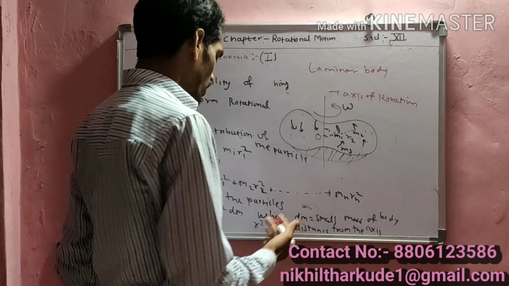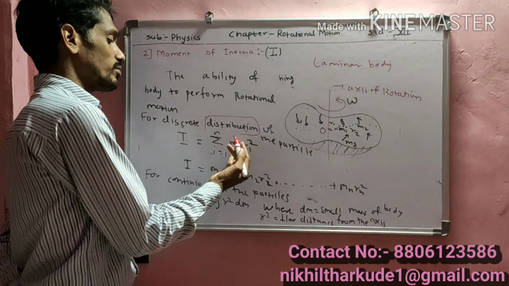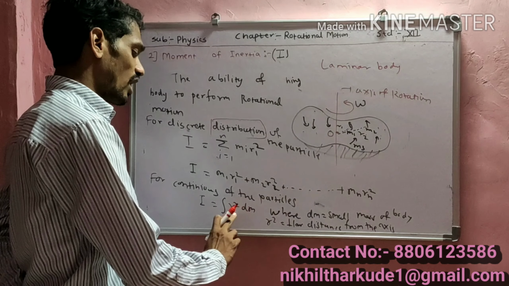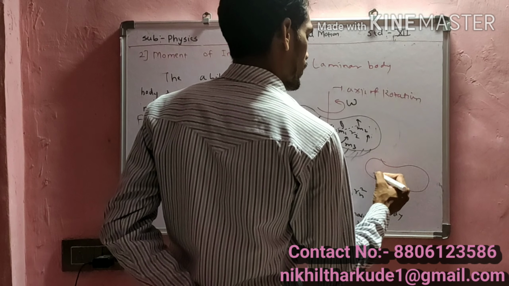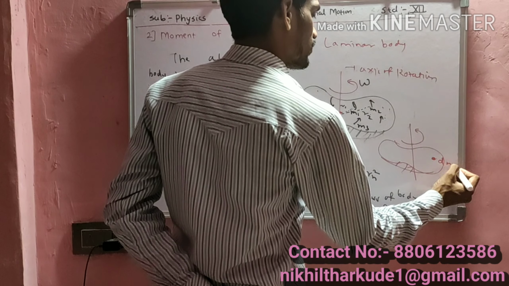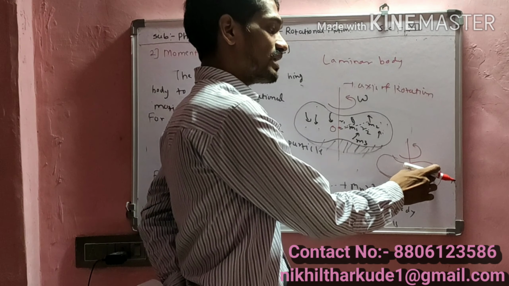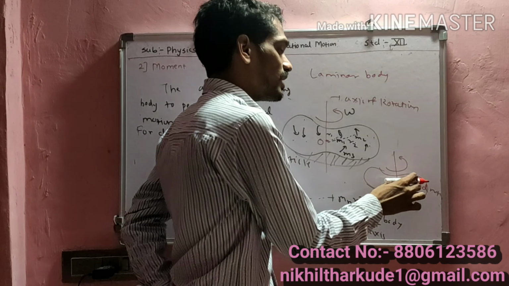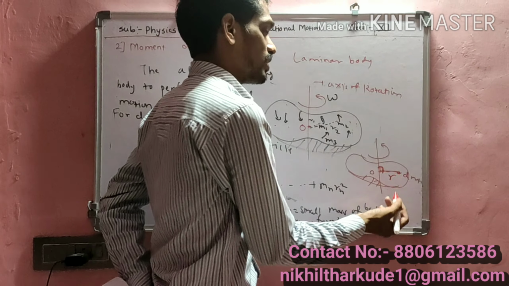I am considering the laminar body. For discrete distributions, we take I equals summation i running from 1 to n of m_i r square for the n particles, and for continuous distribution, r square dm. dm is a small mass of the body, and r is the perpendicular distance from the axis of rotation.